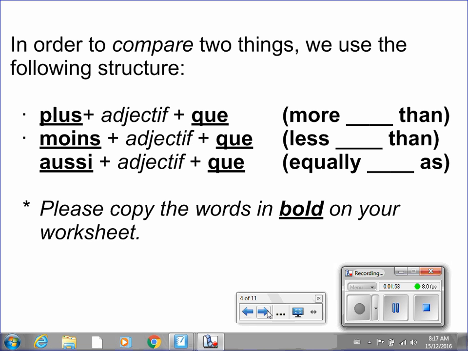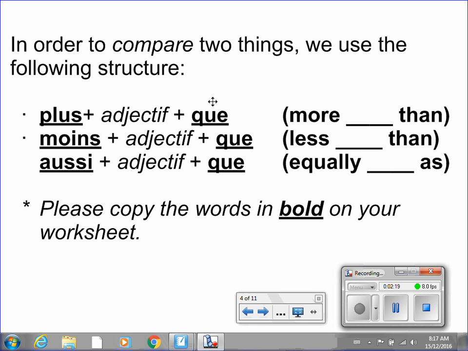In order to compare two things, we use the following structure. If we want to say that something is more than another thing, we write the word plus, that means more, plus the adjective, whatever that adjective is in the sentence, plus que meaning than.